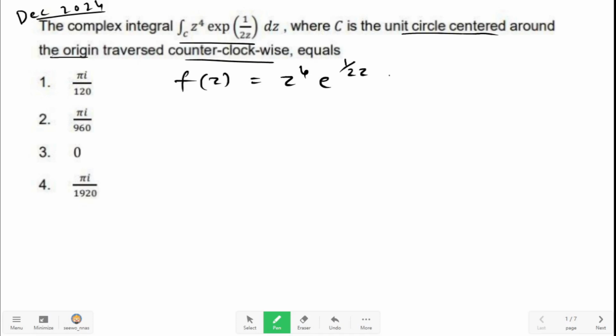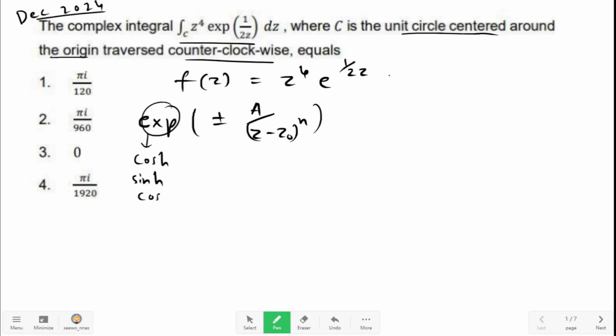Now whenever we have in the numerator of the function a term like exponential plus or minus a divided by z minus z naught the whole raised to n, instead of exponential it can be cos hyperbolic, it can be sine hyperbolic, it can be cos, it can be sine.